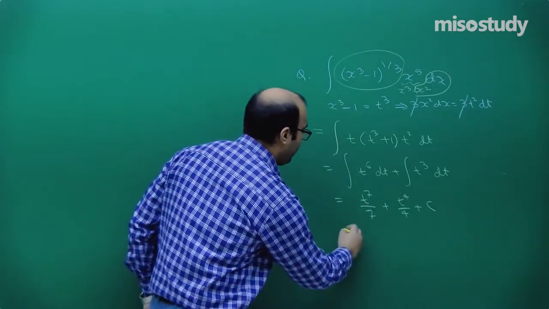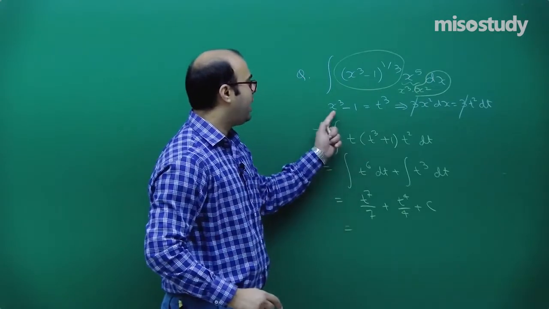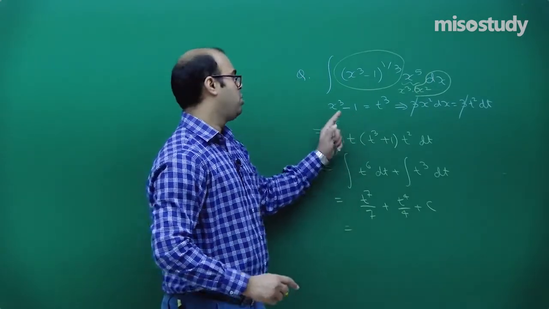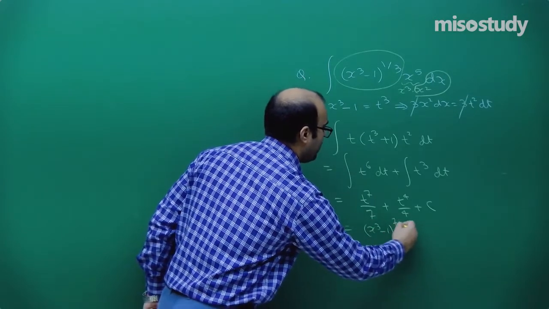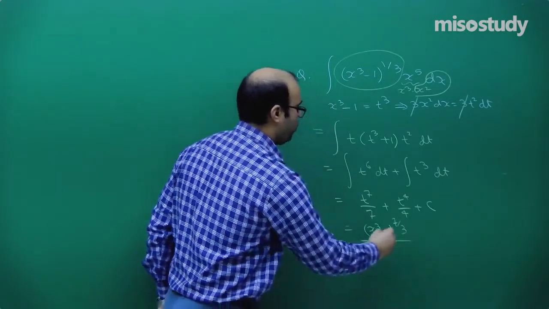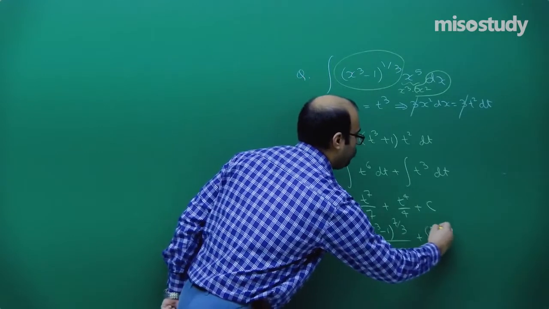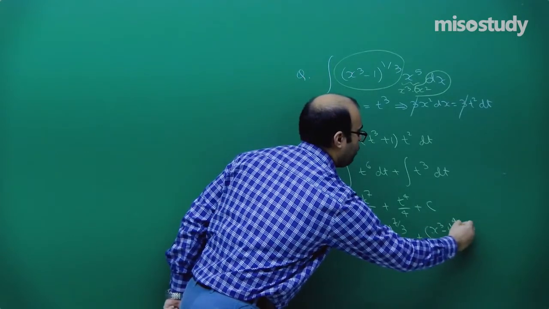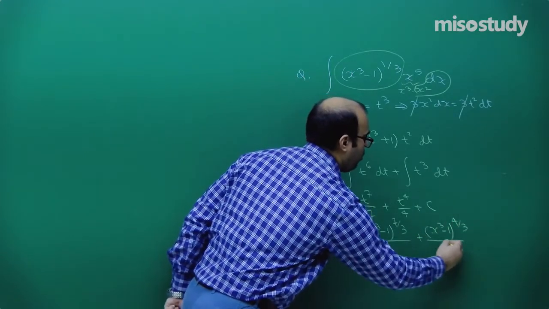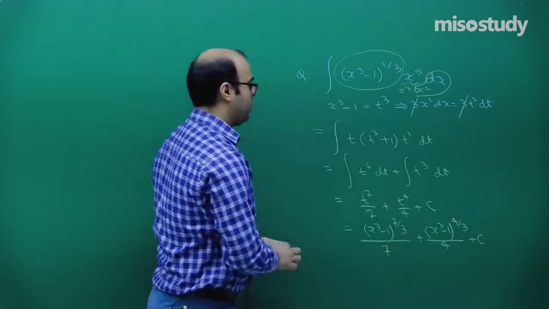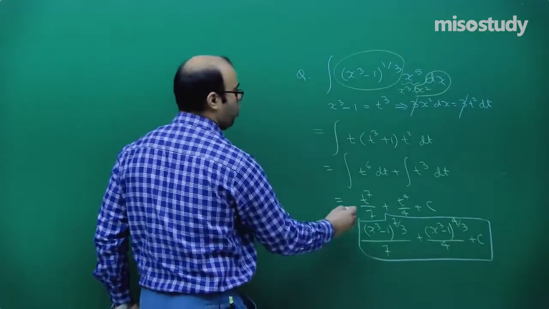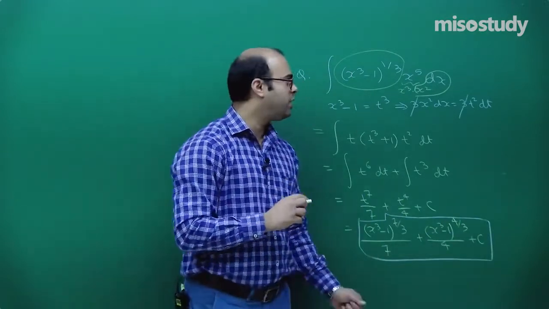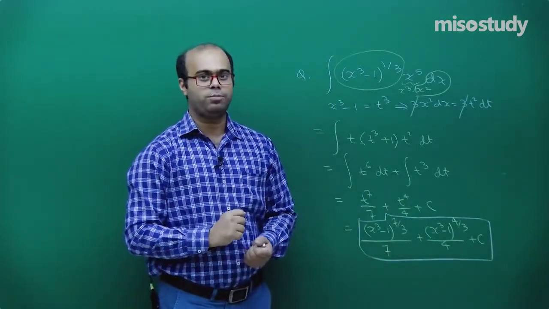Since t we took as cube root of x cube minus 1, the final answer is (x cube minus 1) to the power 7 by 3 upon 7 plus (x cube minus 1) to the power 4 by 3 upon 4 plus constant of integration. This is the final answer of the second question, which is also a 1 mark question, and we have to understand the application of substitution.